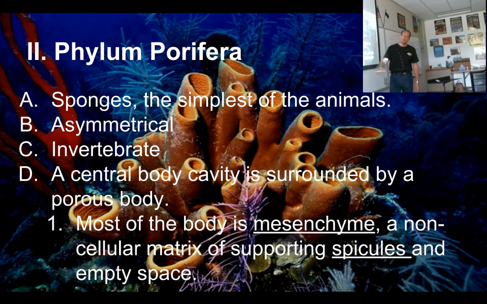If you slice it, you're not going to get mirror halves. It's just kind of round and squishy. Okay, there are people like that, but anyway, the sponge is asymmetrical. It is an invertebrate, obviously. Sponges do not have a backbone.